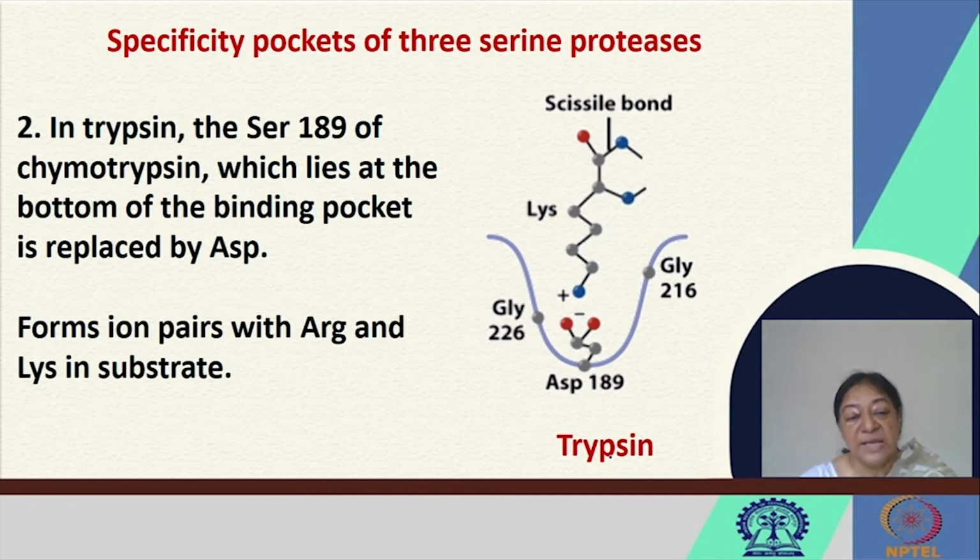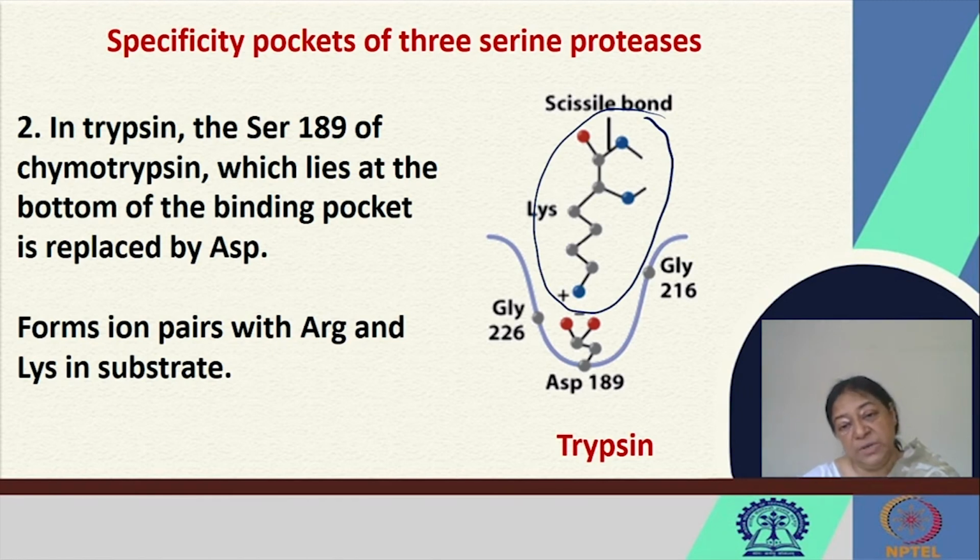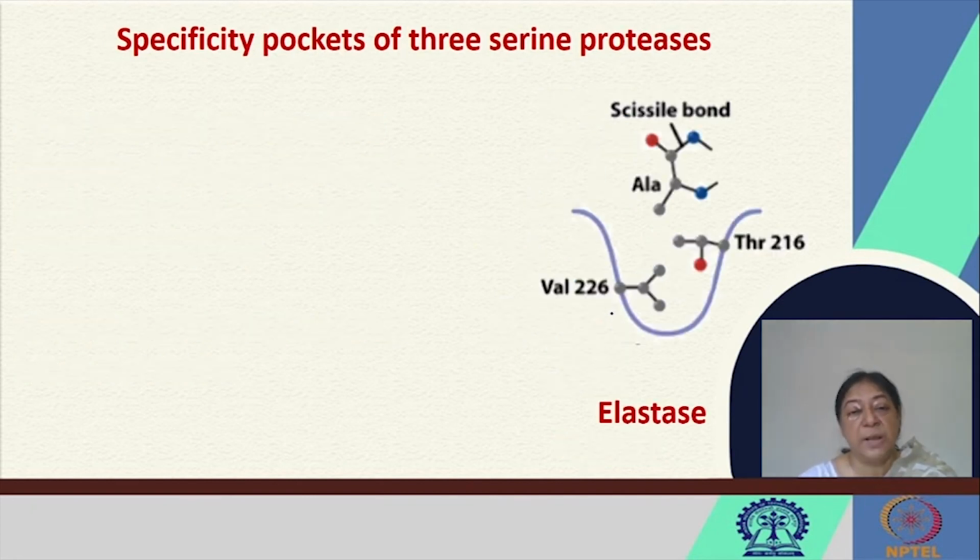In the same way, we look at the other case where we have the serine replaced by an aspartic acid here, and this trypsin molecule is preferable to basic amino acid residues in the cleavage after the carboxyl side of the basic amino acid residues, and it has a specific binding pocket, understandably an acid, so that there is an electrostatic interaction in the recognition of the substrate.